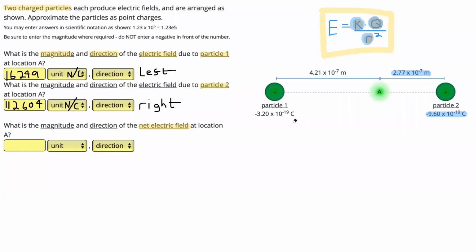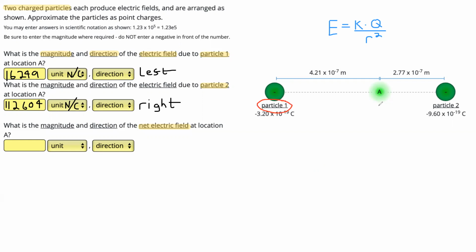Now we need to figure out our net electric field at location A. So to do that, we're going to look at the electric field from particle 1.